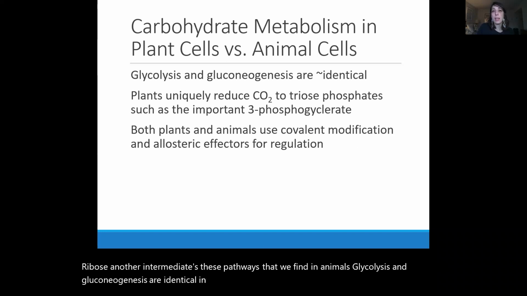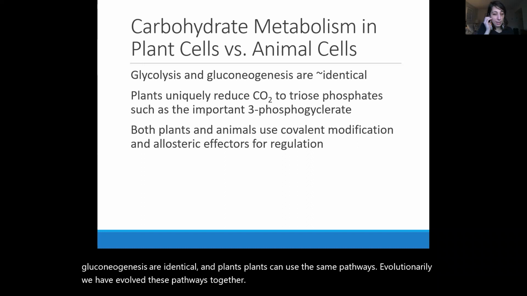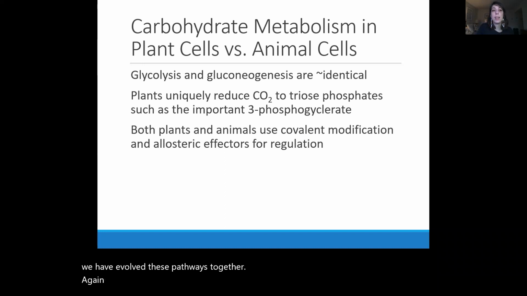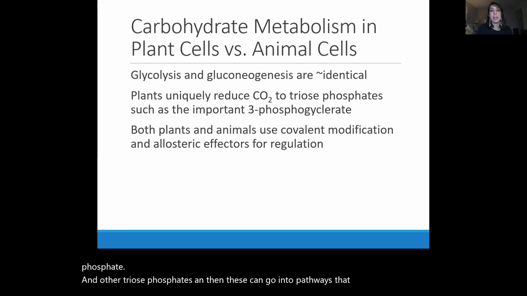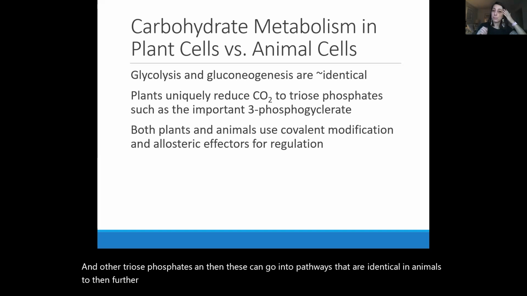Plants can use the same pathways. Evolutionarily, we have evolved these pathways together. Again, the unique part is that they can take CO2 and make it into glyceraldehyde 3 phosphate and other triose phosphates. And then these can go into pathways that are identical in animals to then further build up larger structures.